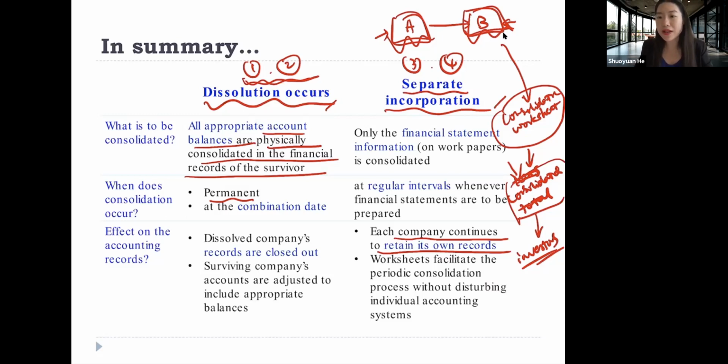You are not going to find those consolidated numbers directly from A's book or directly from B's book. Those numbers are taken from the consolidation worksheet. If you cannot understand it now, that's okay. We're going to repeat those points again and again later in the semester and also in today's class.